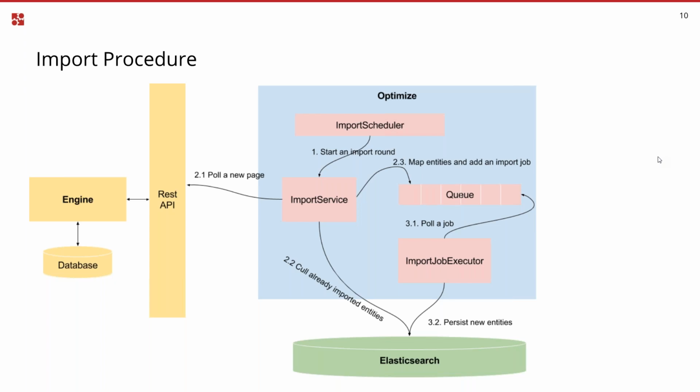Of course, it's very important that the engine can work as it normally does. So there are many customers that are worried that when Optimize is also fetching data from the engine, then maybe the engine is not able to run normally anymore, but that's not the case with this mechanism.